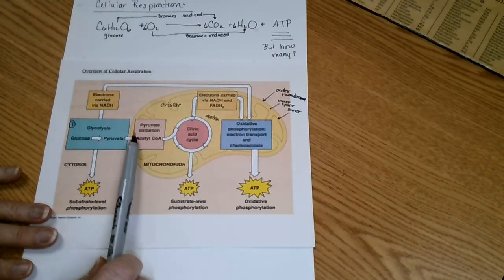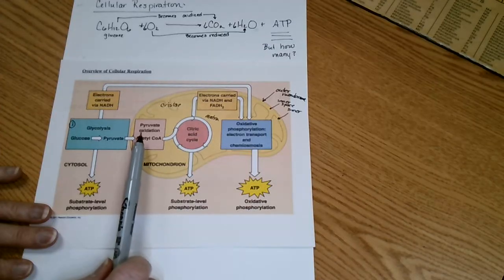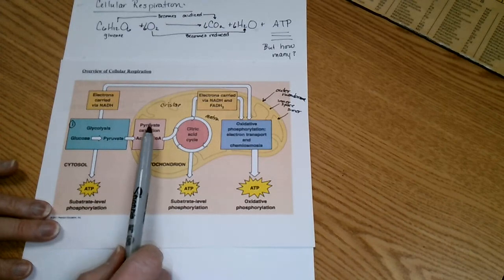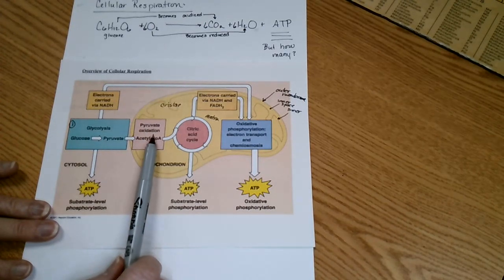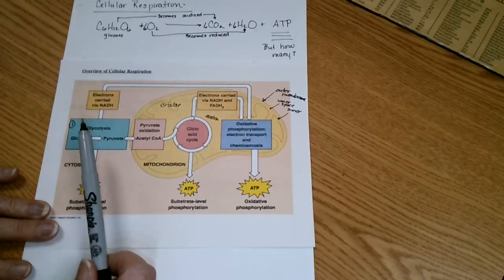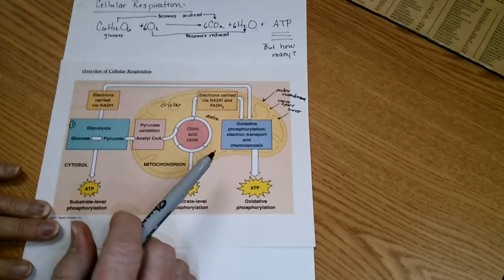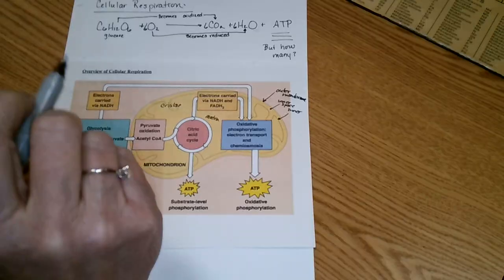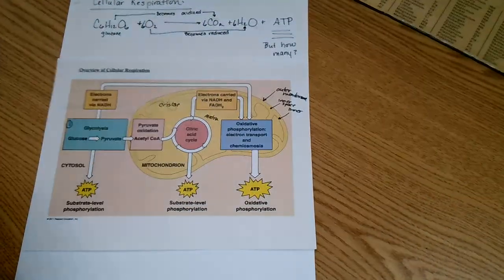And they always left out this little intermediate step, which nowadays is given its due right here. They're calling it pyruvate oxidation. I used to call it the conversion of pyruvic acid, or the conversion of pyruvate. Okay, so I'm going to jump on this board that I've always been on, that respiration has 4 steps here.